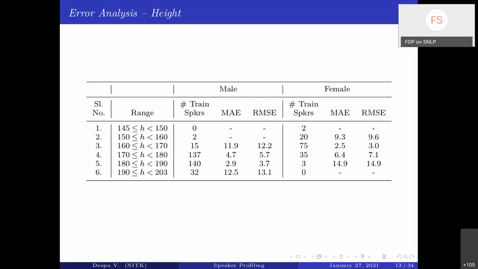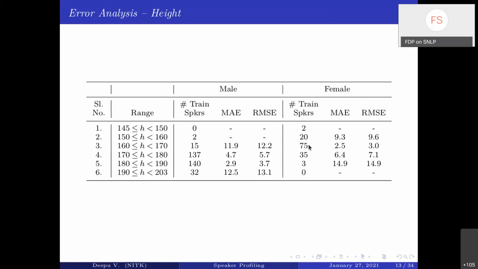But when you don't have enough speakers, like here we only had 10 speakers or 30 speakers, for very short people and very tall people, we didn't have a lot of data in the training set. And you see that as a result, in the evaluation, the RMSE error of those two segments is really high. The same thing is happening with female speakers also.